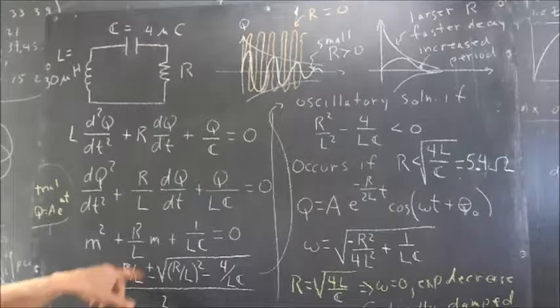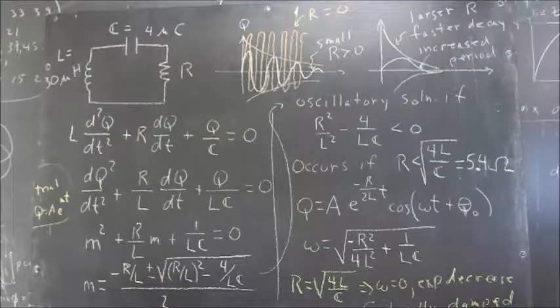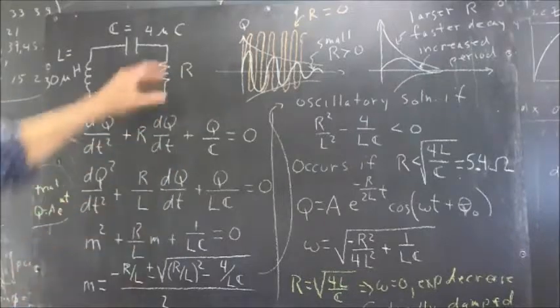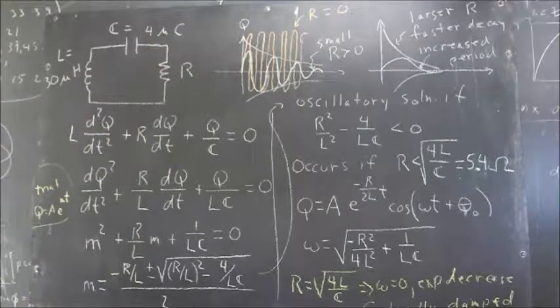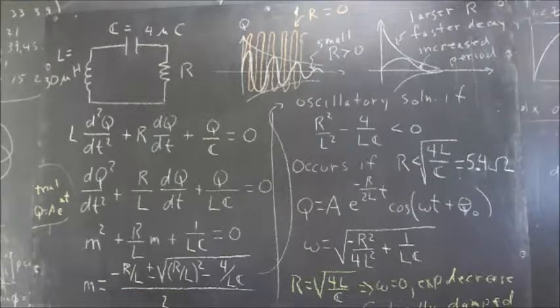We get negative R over L plus and minus. Well, I'm not going to read it to you. Look at that and make sure that's right, okay? Because if it isn't, we're in trouble. Now, the question that we're trying to answer here is, if this is a variable resistor, if we can set this resistance any place we want, for what values of the resistance does this give us an oscillatory solution?